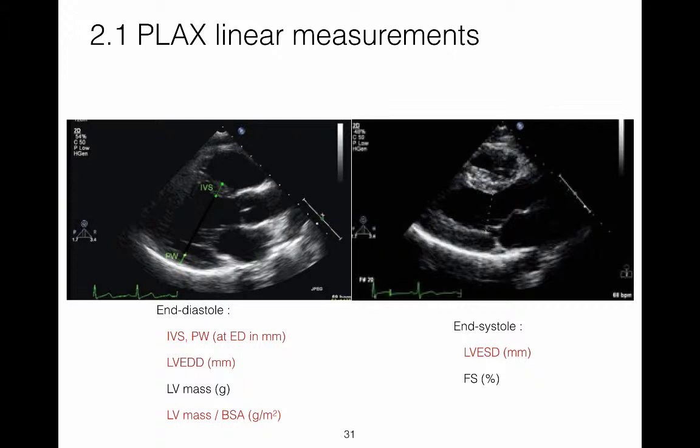The wall thickness measurements enable LV mass to be calculated, which is most accurate if indexed to the patient's body surface area. The left ventricular end systolic diameter and fractional shortening measurements are two other essential linear measurements of the LV.